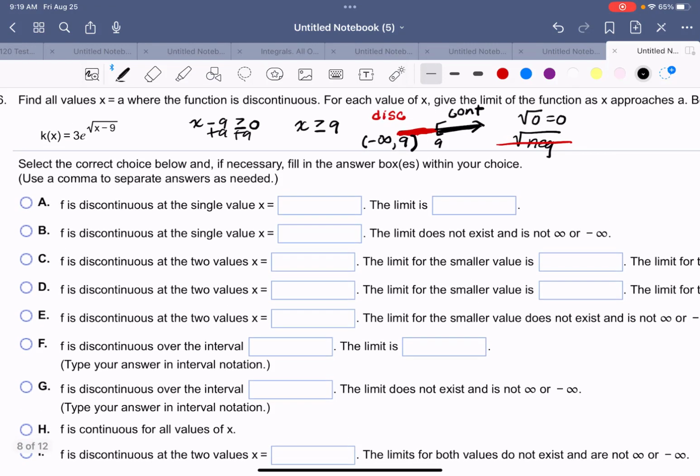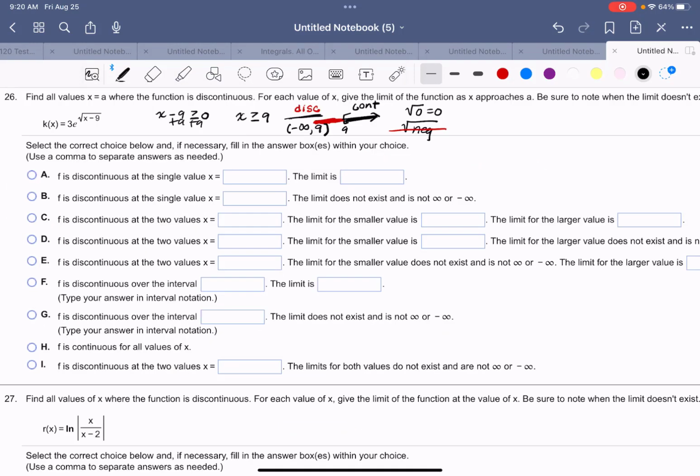And the limit is not going to exist over here because the function doesn't exist over there. Remember they said find the limit where it's discontinuous, okay? Find the limit of the function as it approaches a, where a is those values where it's discontinuous.